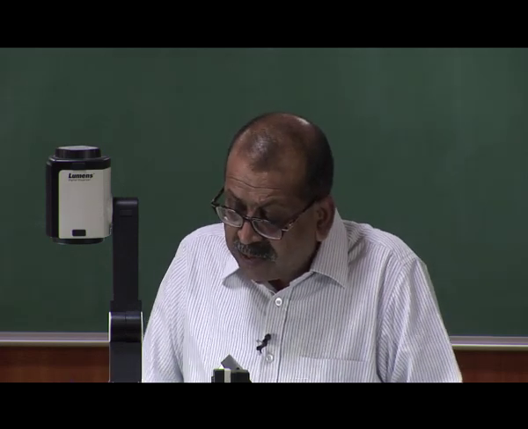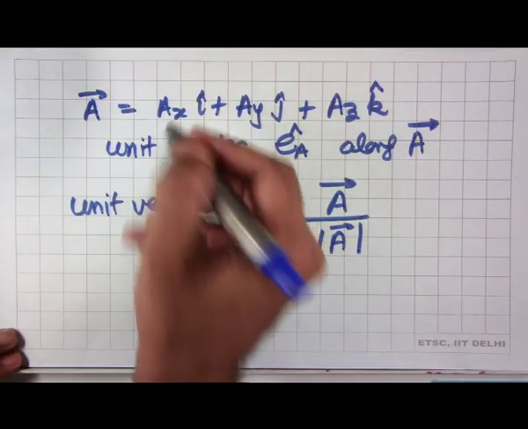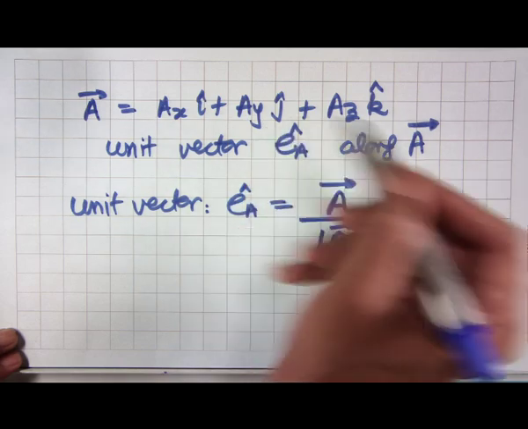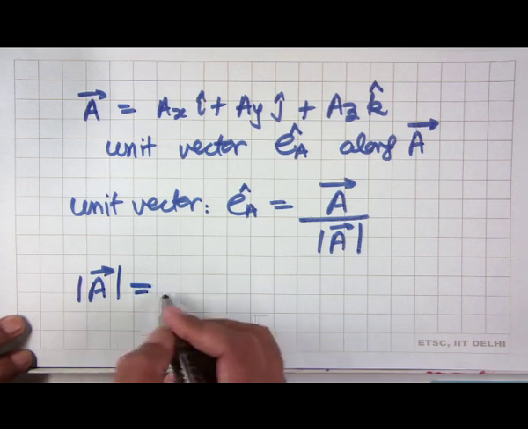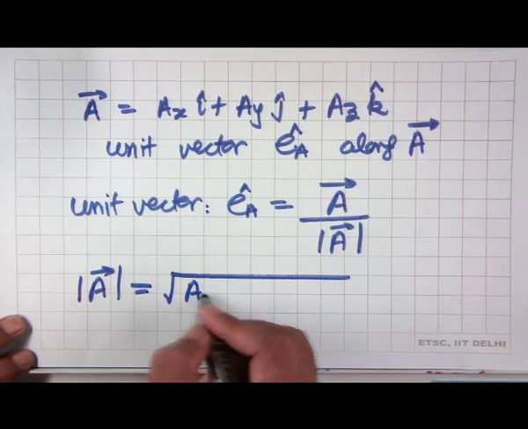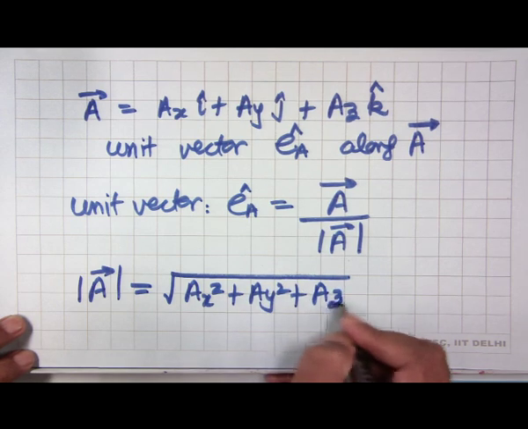That will give us magnitude of A square, and dot product of A with itself will give us AX square plus AY square plus AZ square. Therefore, we can easily say that magnitude of A will be square root of AX square plus AY square plus AZ square.